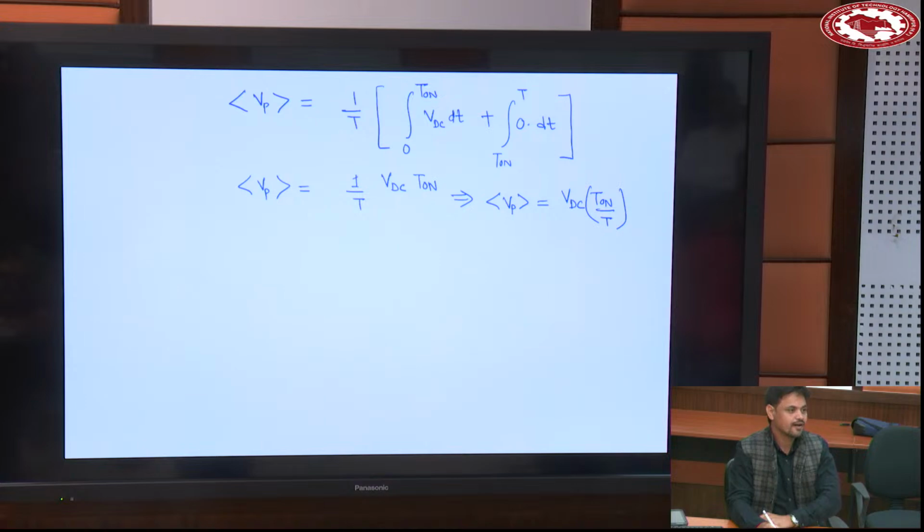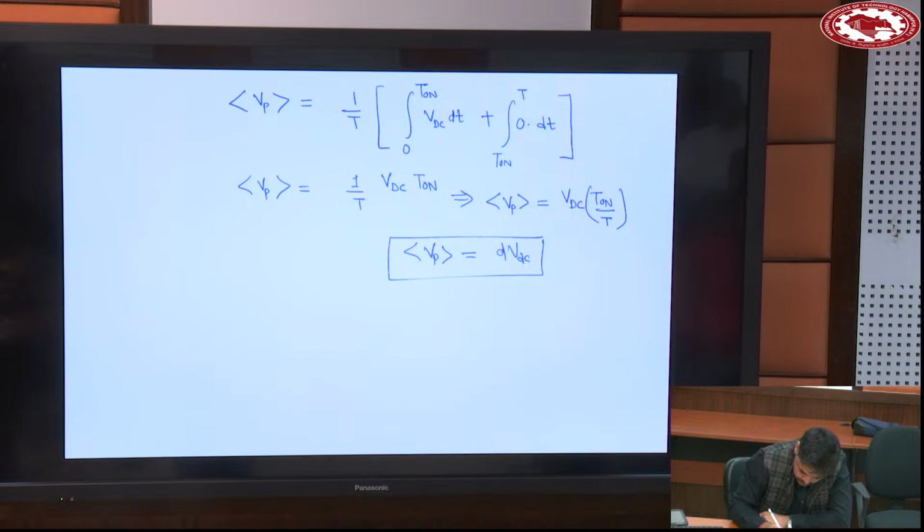We have already defined this quantity, T on upon T. So the average value of pole voltage is D VDC.